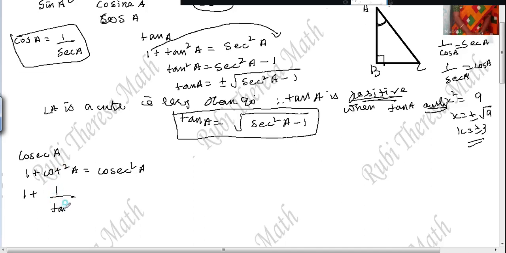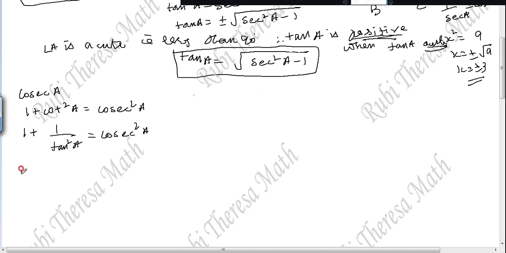So 1 plus 1 by tan squared A equal to cosecant squared A. Tan squared you found out here. That is 1 plus 1 by root of secant squared A minus 1 equal to cosecant squared A.